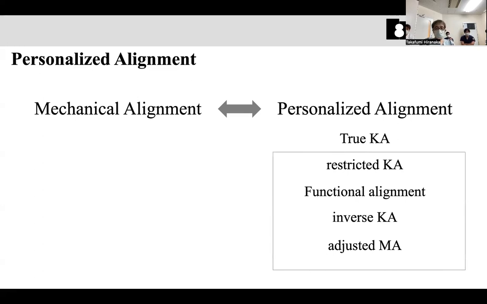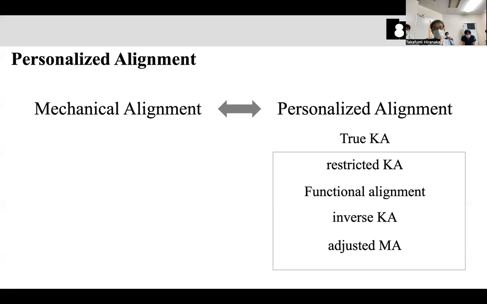other than true kinematic alignment, we require computer-aided devices, so-called CAS, such as robot, navigation, and PSI, personalized patient-specific instrumentation.